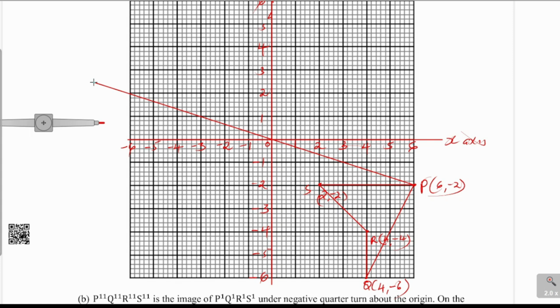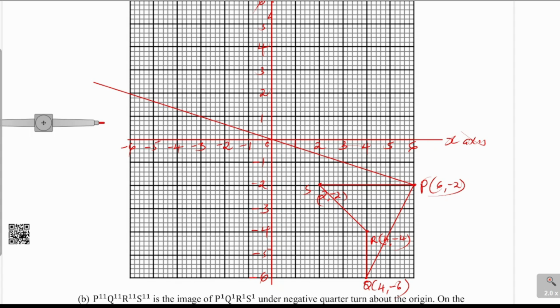The easiest way is to count the number of squares from P to the origin. How many squares are these? This is 1 square, 2, 3, 4, 5, 6. There are 6 squares. And since the enlargement factor is -1/2, we divide that by 2.